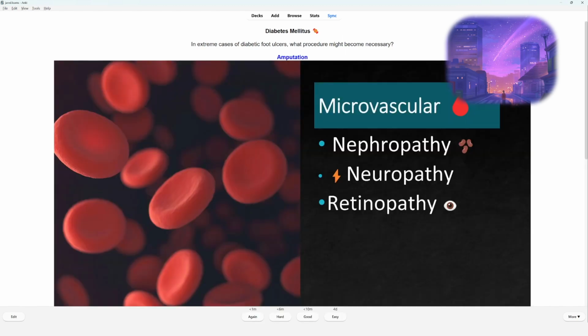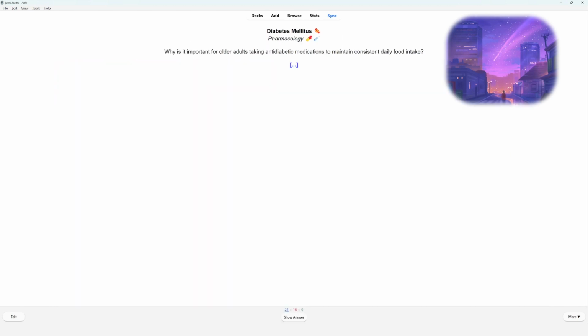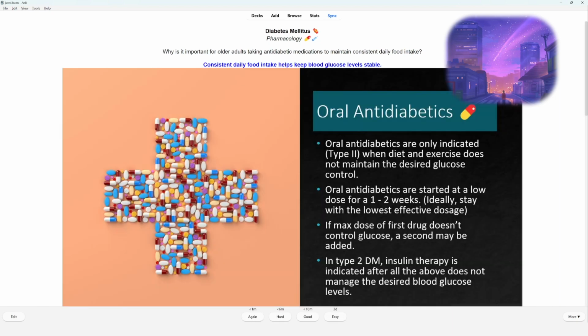Amputation, that's the worst case scenario. Why is it important for older adults taking anti-diabetic medications to maintain consistent daily food intake? To make sure that drug levels and absorption rates stay the same and keep them stable.